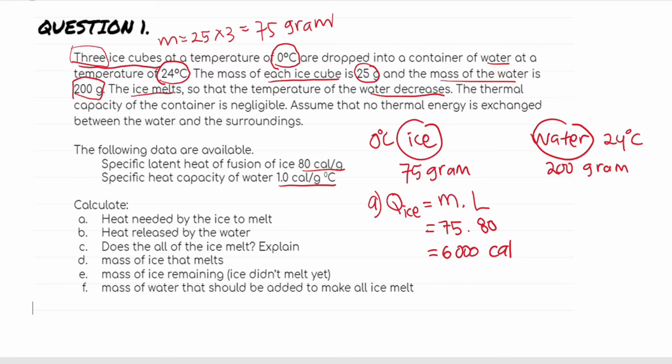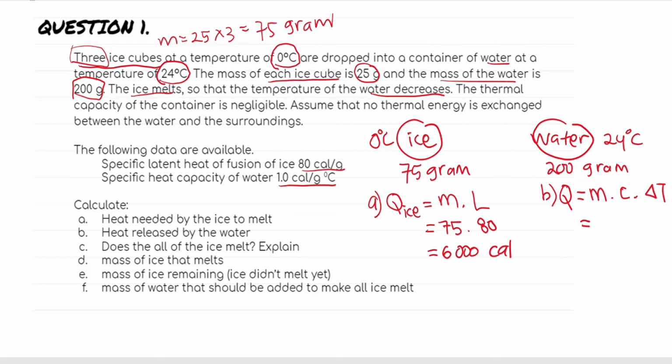Okay, 6,000 calories. And then next, B, we need to calculate the heat released by the water. Based on the question, the temperature of the water decreased. So the heat released by the water is used to decrease the temperature of the water. So we use the equation M times C times delta T. M for mass, C for specific heat capacity of water, and delta T is the temperature difference.